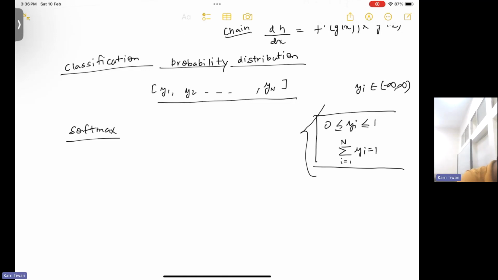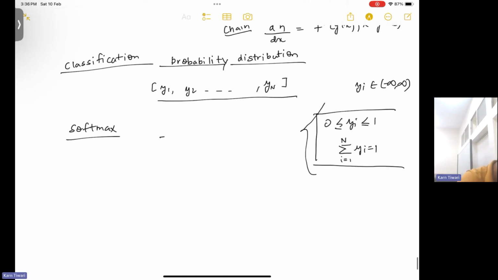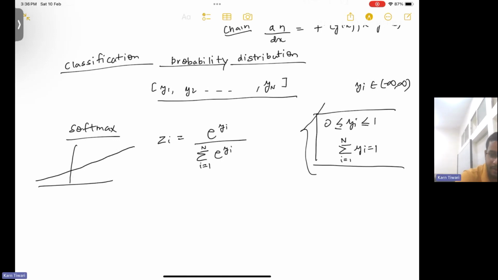So basically what we do is we make a new vector zi, which is e to the power yi divided by the summation of e to the power yi, where i ranges from 1 to n. So basically, e to the power x, any such function looks something like this, and it's always positive.